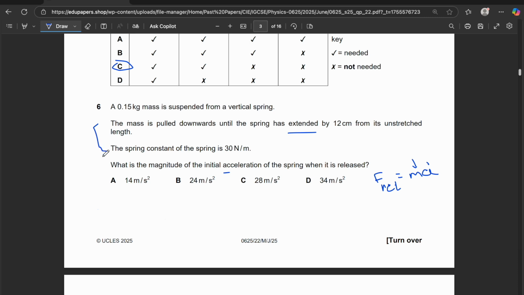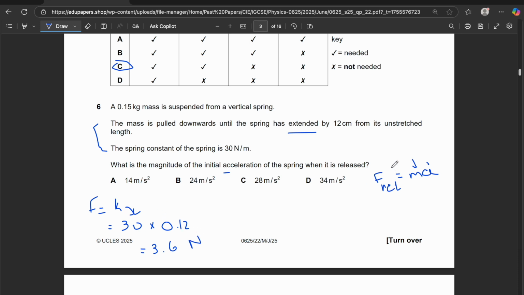Firstly, we have F is equal to kx, and the spring constant is 30 and extension is 0.12 meter. So you will get 3.6 newtons.